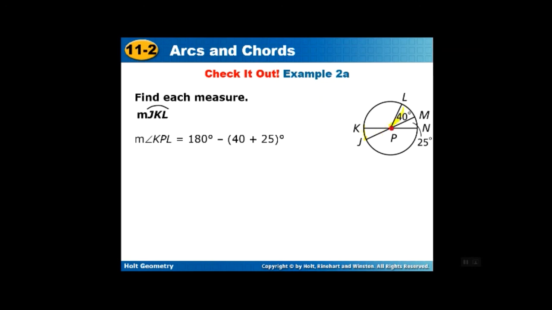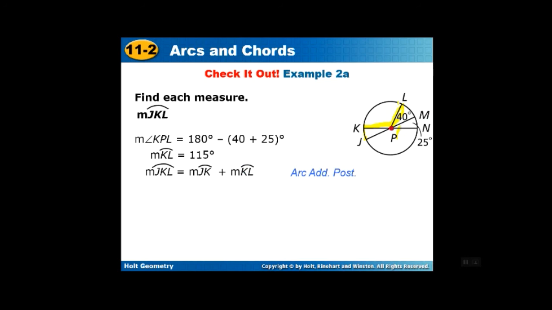This one is 40 and this is 25 degrees, so add them. To get angle KPL, we subtract 180 minus 25 and minus 40 to get 115 degrees for KPL.